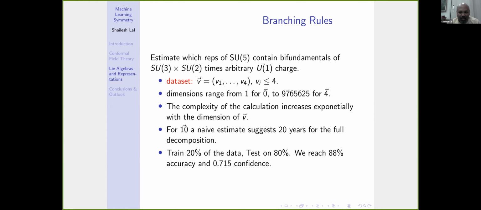By then the model might be a little out of date. So anyway, we collect all of this data, and we train. And actually, this is pretty nice. We train on a very minimal amount of data, and we test on most of the data. We can get about 88% accuracy, which is pretty decent.